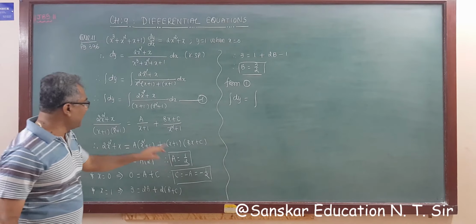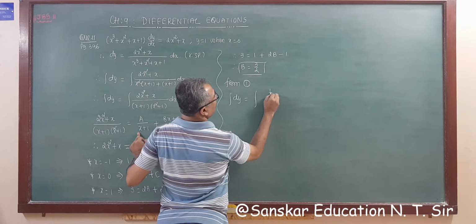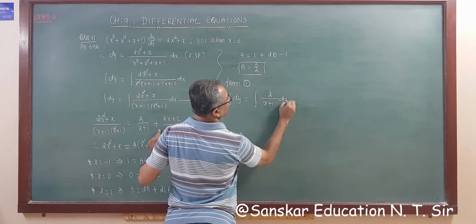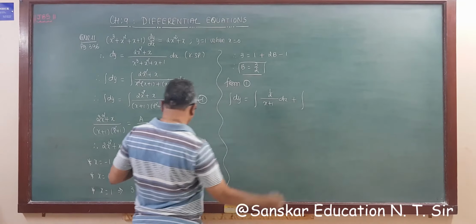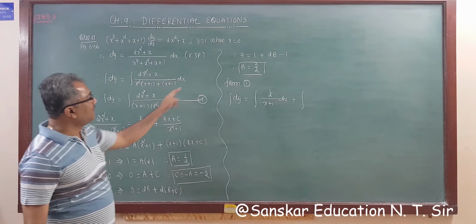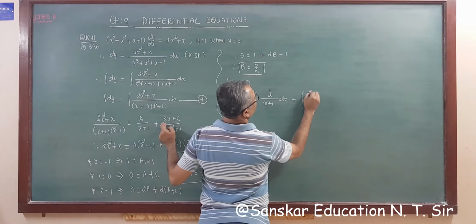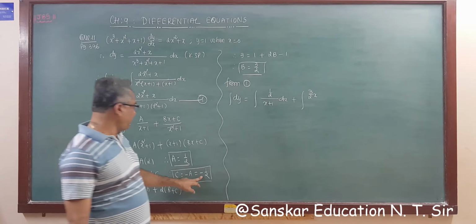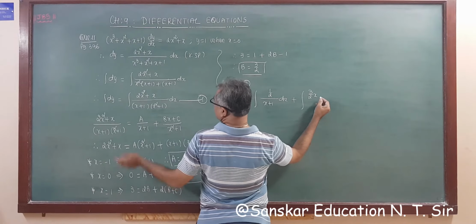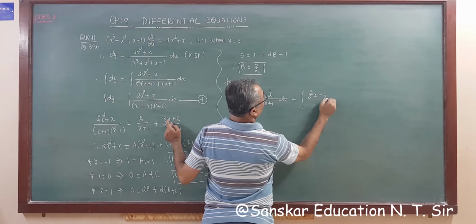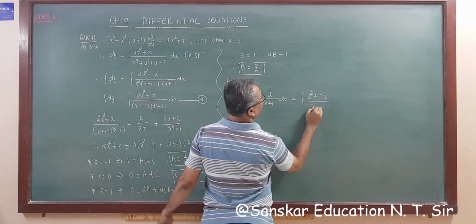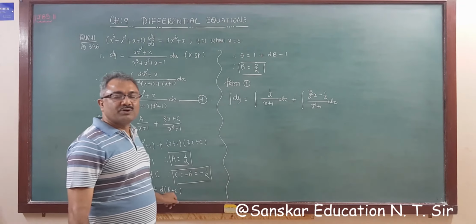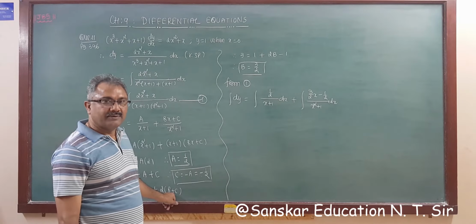Now what is a? a is half, so this is half of 1 upon (x + 1) dx plus integration of (bx + c), b is 3 by 2, so this is 3 by 2 x, and c is minus half, whole upon x² + 1 dx. So you can reduce such steps, right?